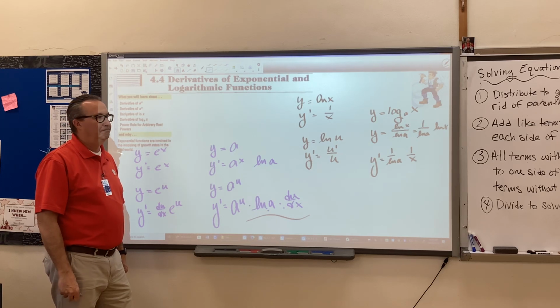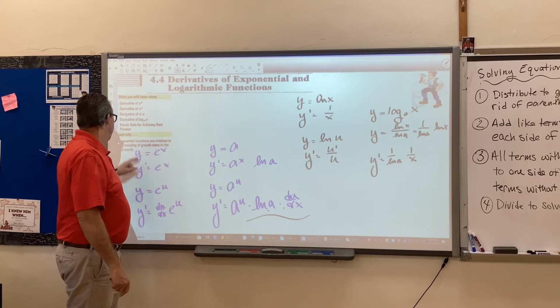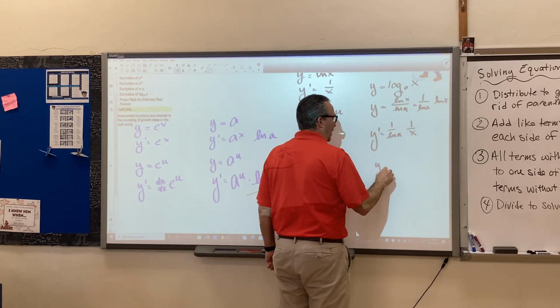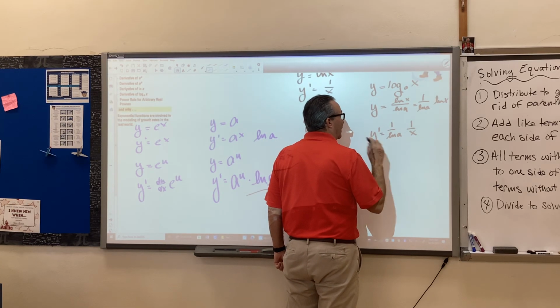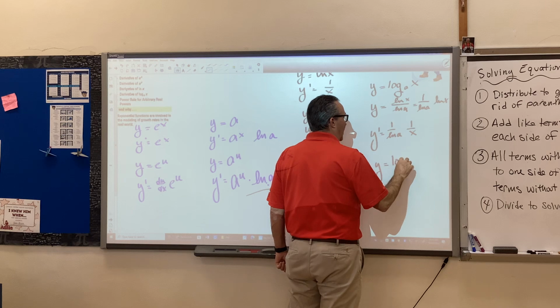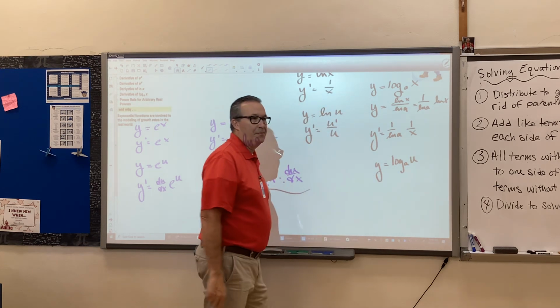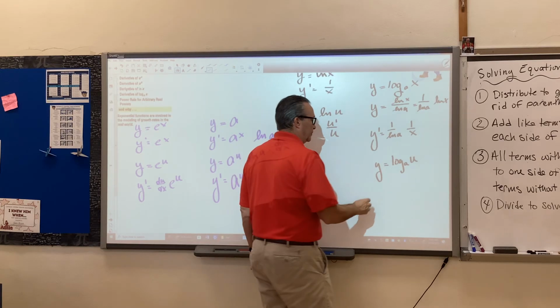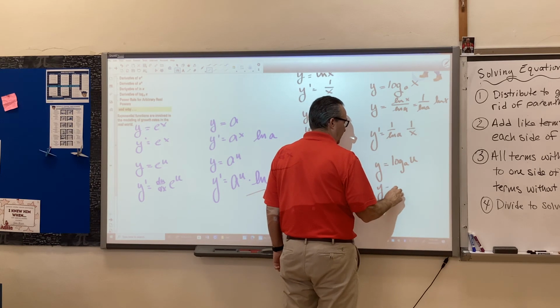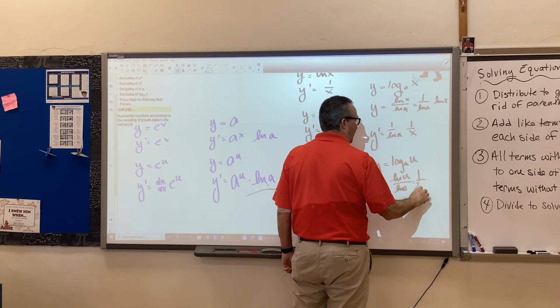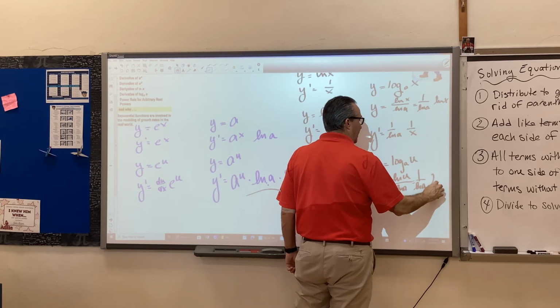Okay? That's a lie. If we have y equals log base a of u, you would rewrite it as the natural log of u over the natural log of a, which is 1 over the natural log of a times the natural log of u.